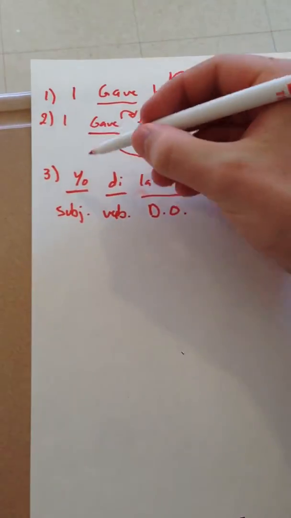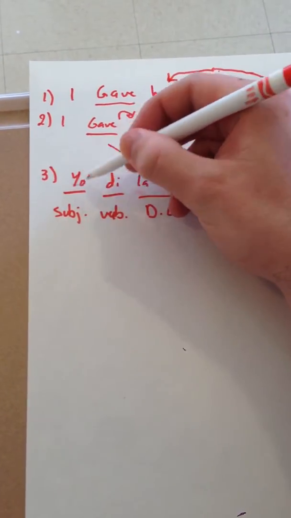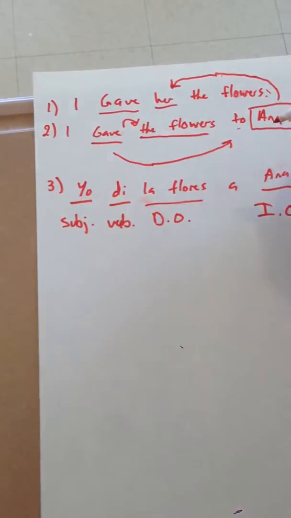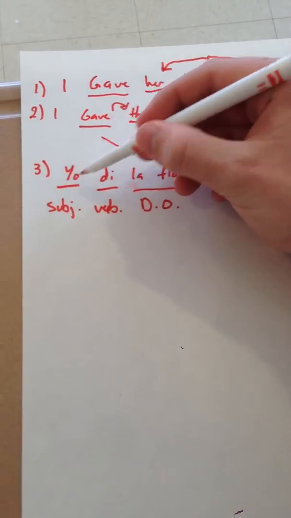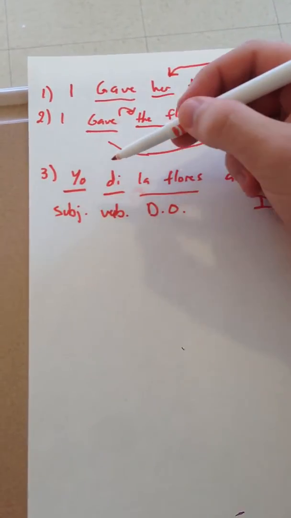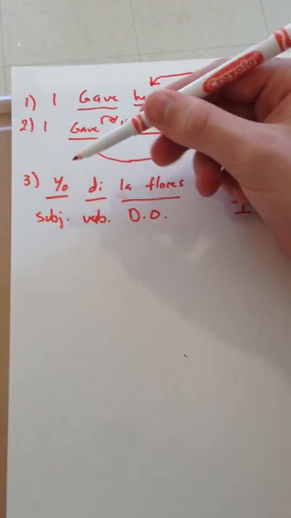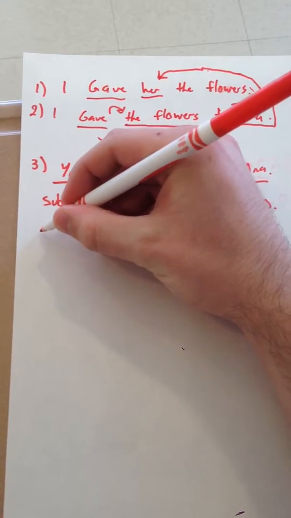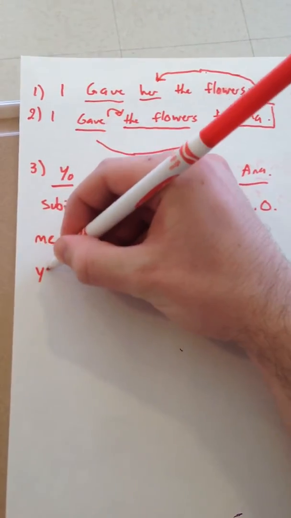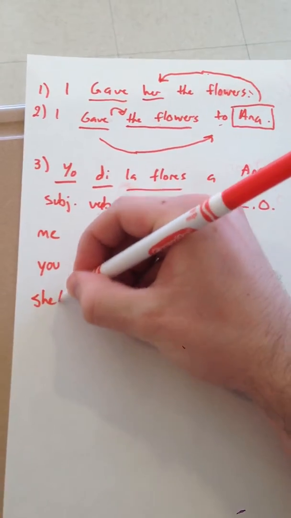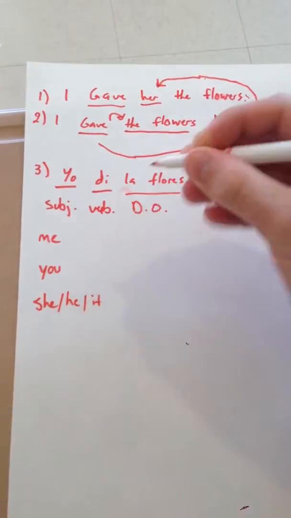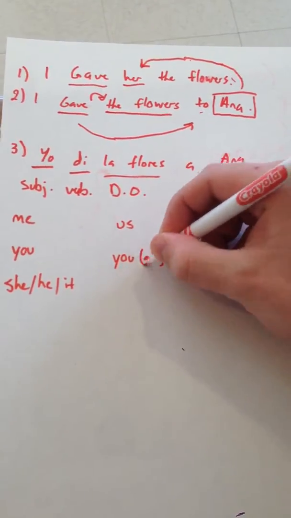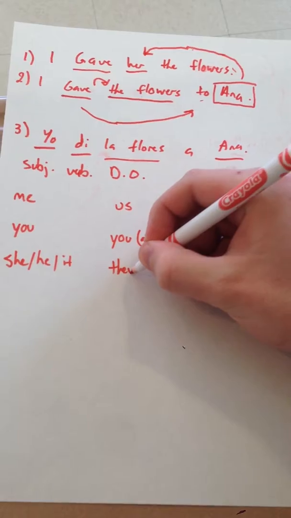The subject, this yo, is a subject pronoun for I. If I had she gave the flowers to Anna, then she is a subject pronoun for the name of a woman or a girl. In English, we use direct object pronouns me, you, her, him, it, us, you all, and them. I apologize, them.